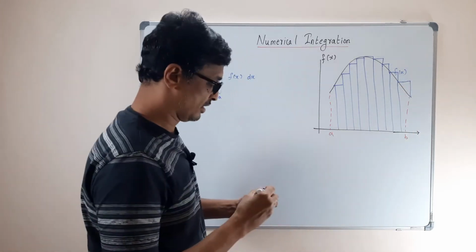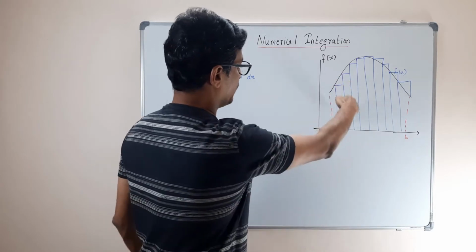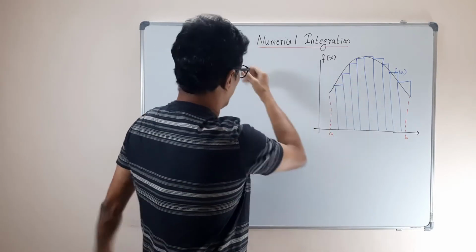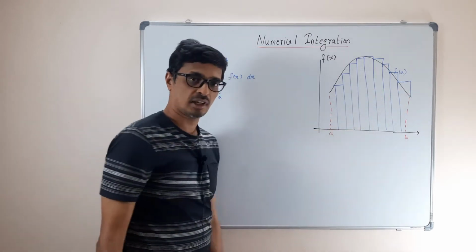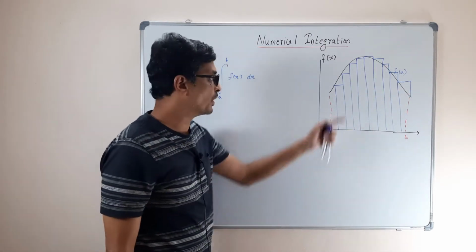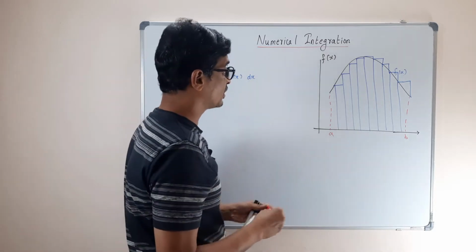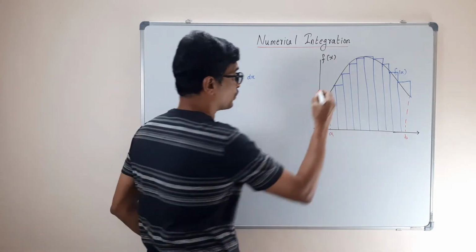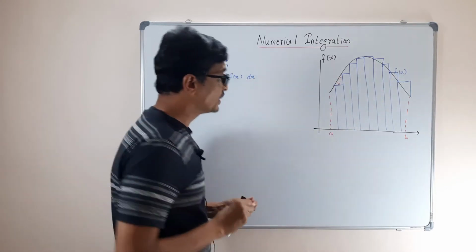Then I can integrate this polynomial numerically and keep adding all of them. That gives me a simple estimation of the integration. But of course it won't be accurate, because you miss extra points here and there. So this is not accurate.